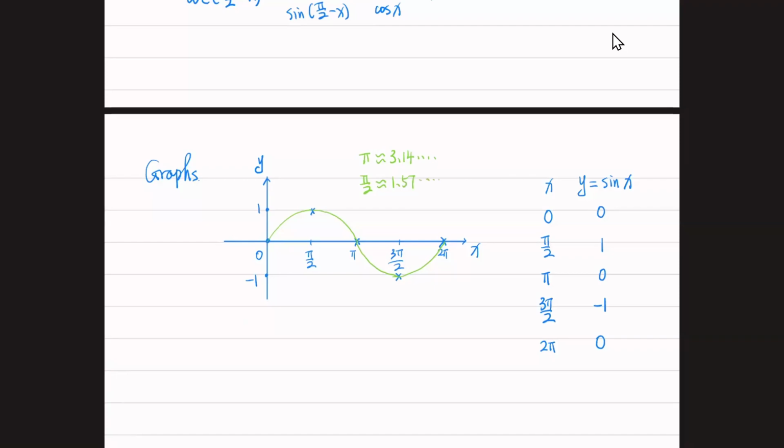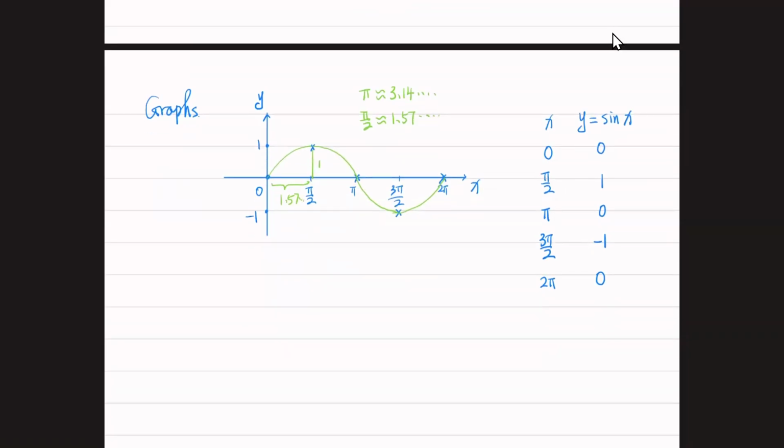That's the key point. So this is 1, but this is 1.57 something. So now you know this cannot be a half circle because the measures are different. Okay, so this is sine.